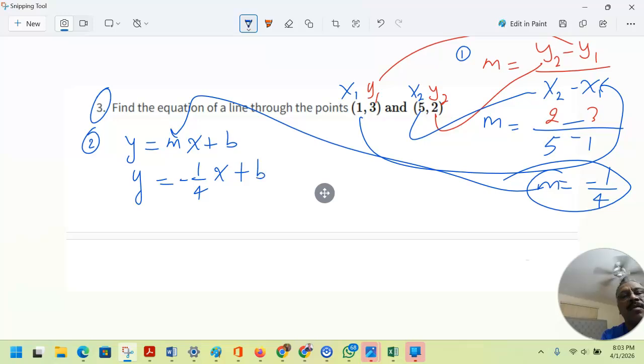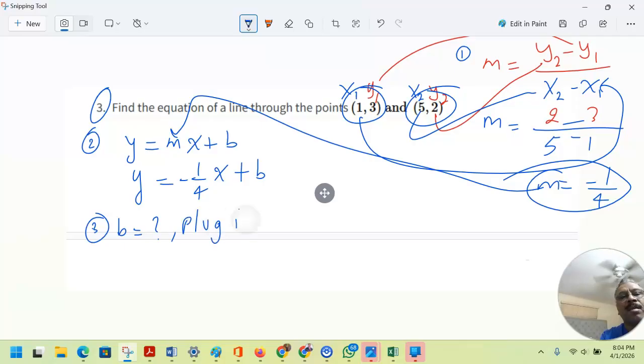And now our next goal, the third step, is b is question mark. To find this b, what do you do? You plug in any one of these points. So let's plug in the first one, 1 and 3, in place of x and y in this equation.